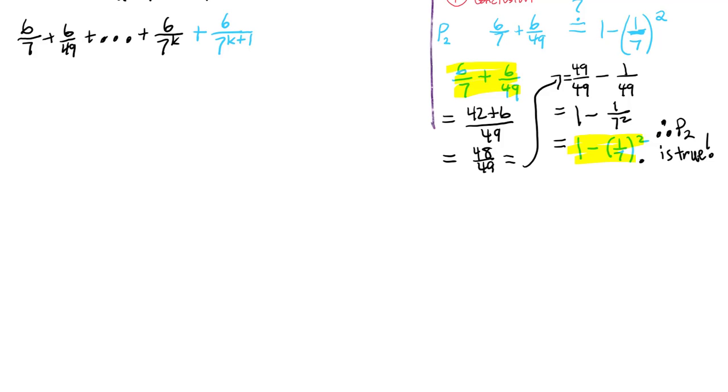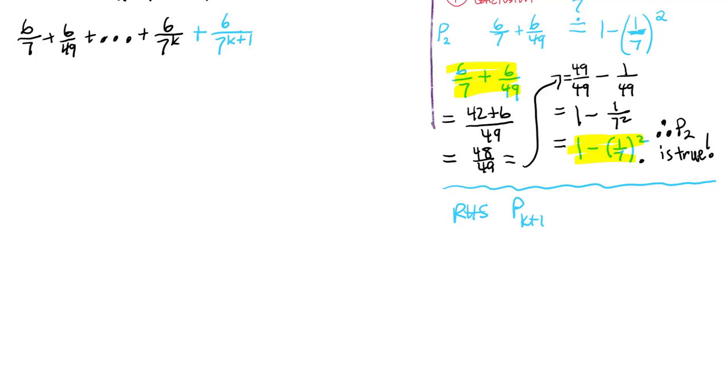We want to show that the right-hand side of the p sub k plus 1 proposition is actually going to get what?